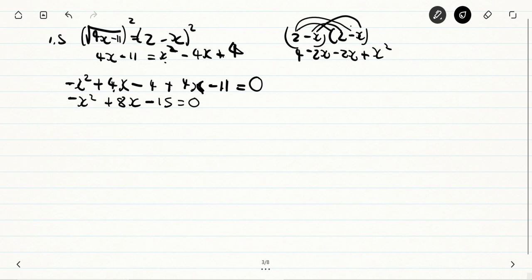What I usually do, if I want to make my life easy, is to multiply by a negative throughout whenever I have a negative coefficient of x squared, so that I can find the factors easily. So let's multiply by a negative throughout.